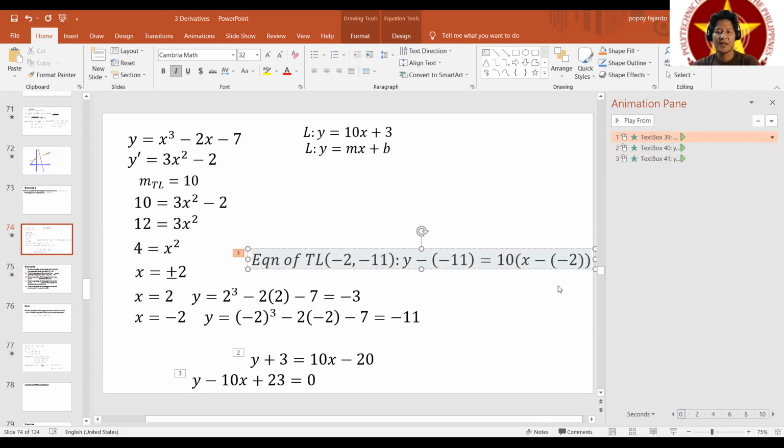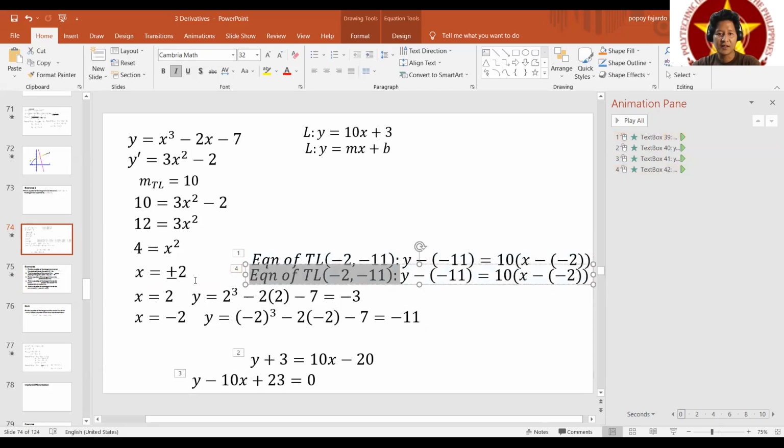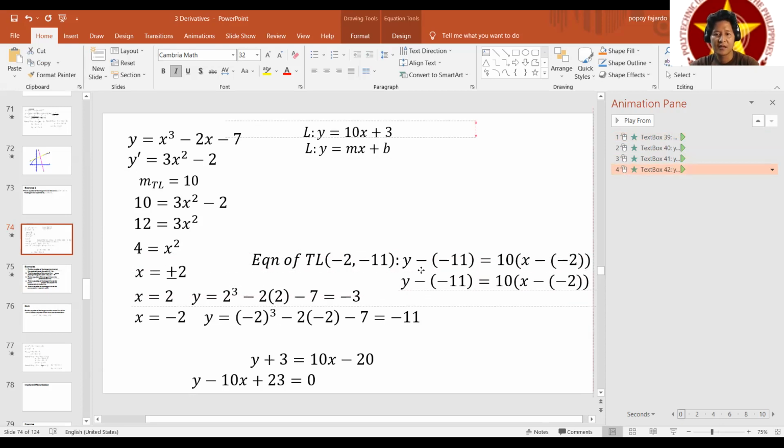Then simplify lang natin ulit ito. So magiging 11 na ulit ito, positive 11, sorry. And then this becomes 10x. And then this becomes positive 2, so magiging plus 20.